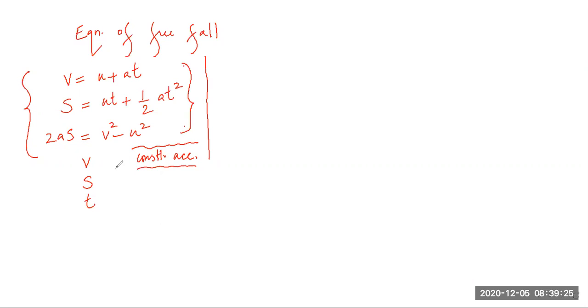Now, just now we understood that whenever different objects, regardless of their mass, fall towards the center of the earth, their acceleration, just now we have calculated, is 9.81 meter per second square.